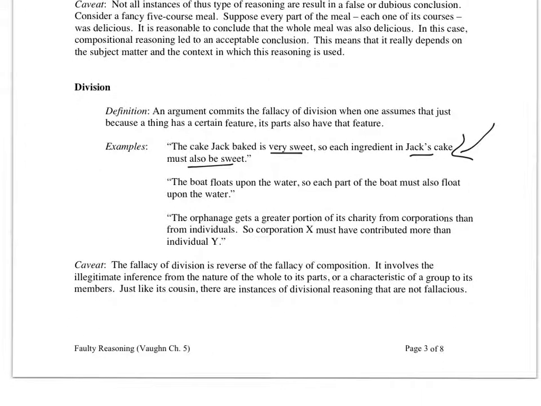As I said, that's the flip side of the fallacy of composition. The definition of that is where you assume that just because a thing, a whole, has a certain feature, that the parts that make up the whole also have that very same feature.